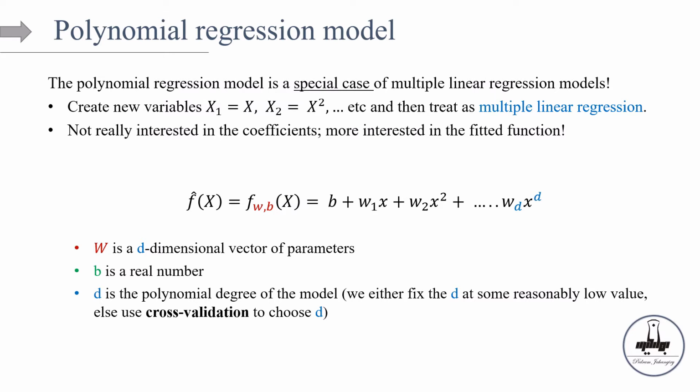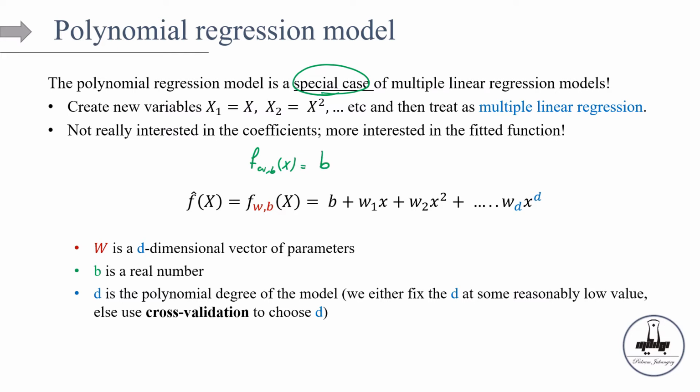The polynomial regression model is a special case of the multiple linear regression model. Let's see how we can construct that. Do you remember from our linear regression model, we had f of w and b, a function of x, right?